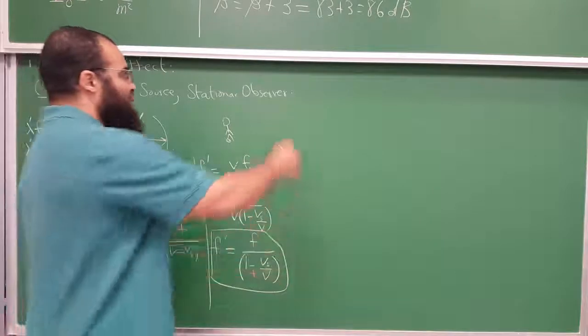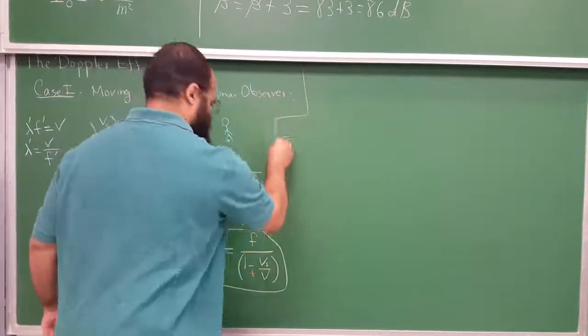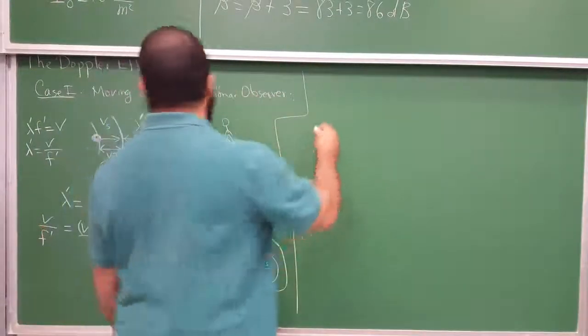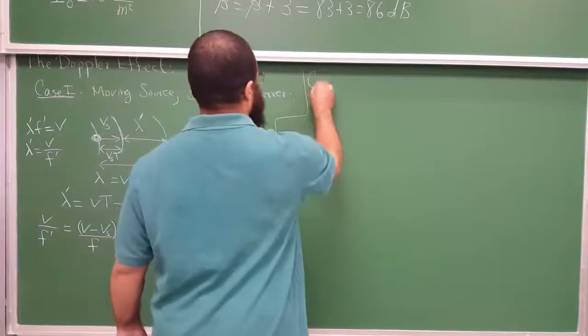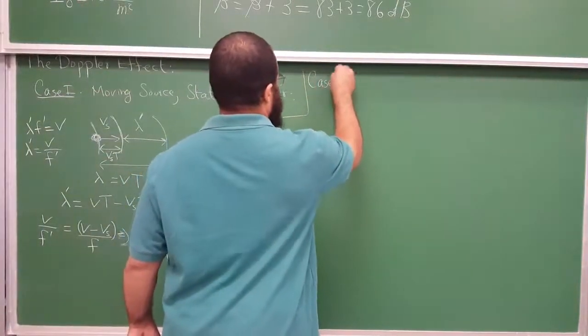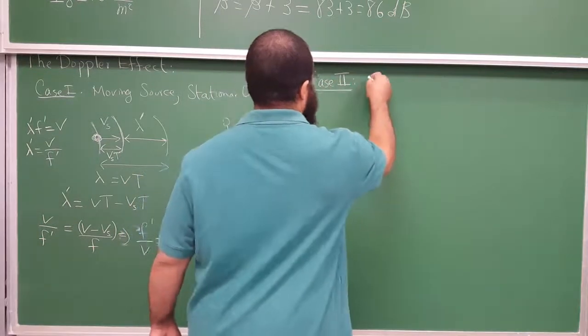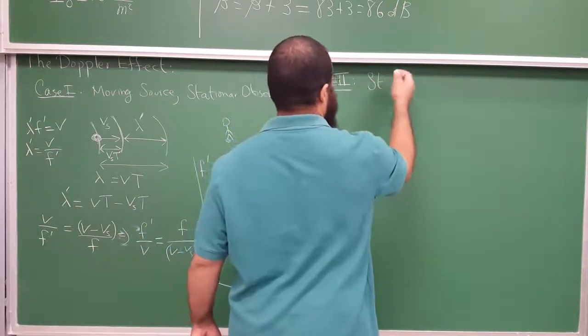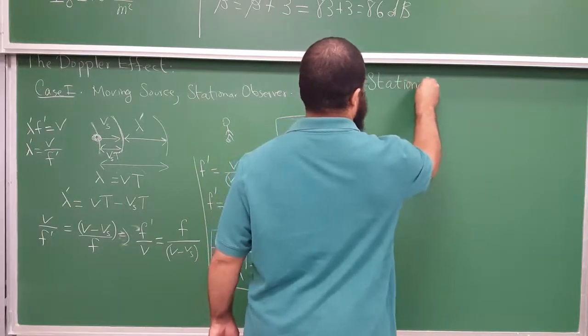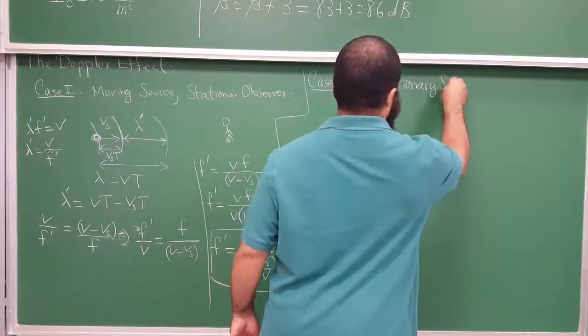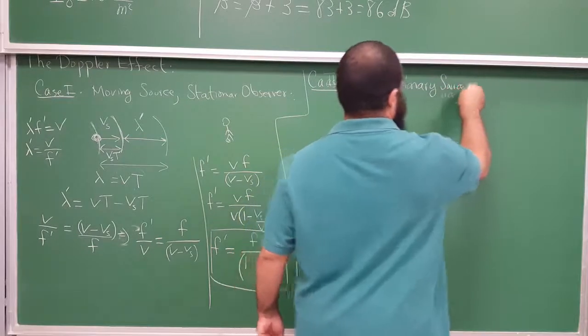Okay. Next, let's do case 2 here. I'm going to summarize them both in a moment. So case 2 will be a stationary source, moving observer. Now the ambulance will just sit there.